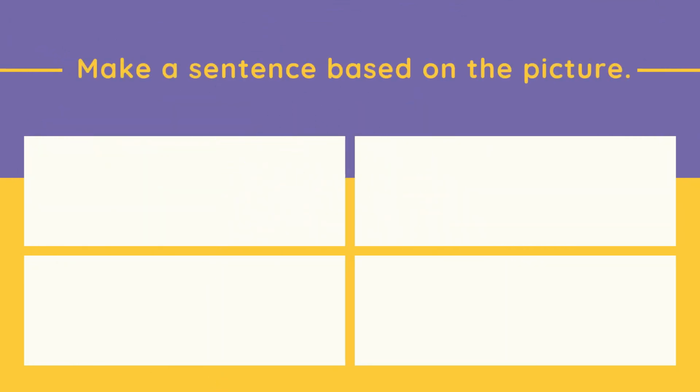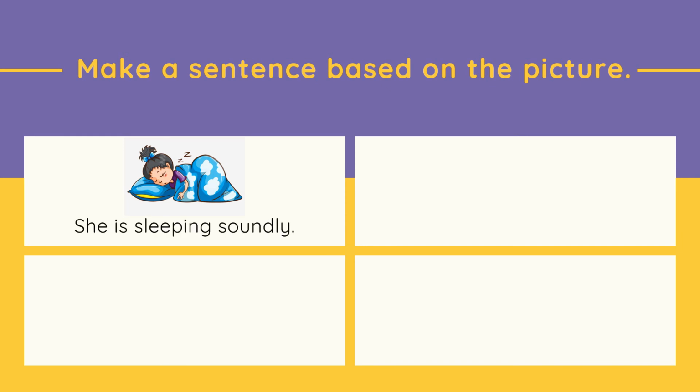Let's make a sentence based on the picture. The first one, a picture of a girl sleeping. So what sentence can you make from this picture? Okay, you can say she is sleeping soundly. Next picture is of a fish, a very colorful fish.